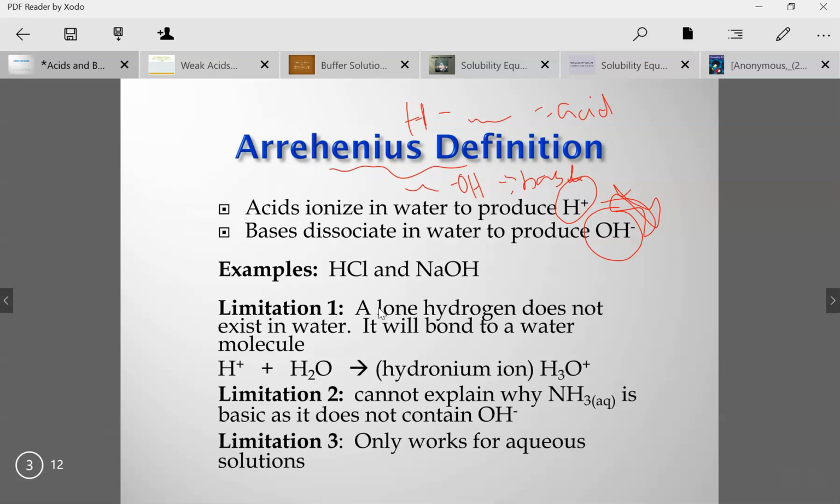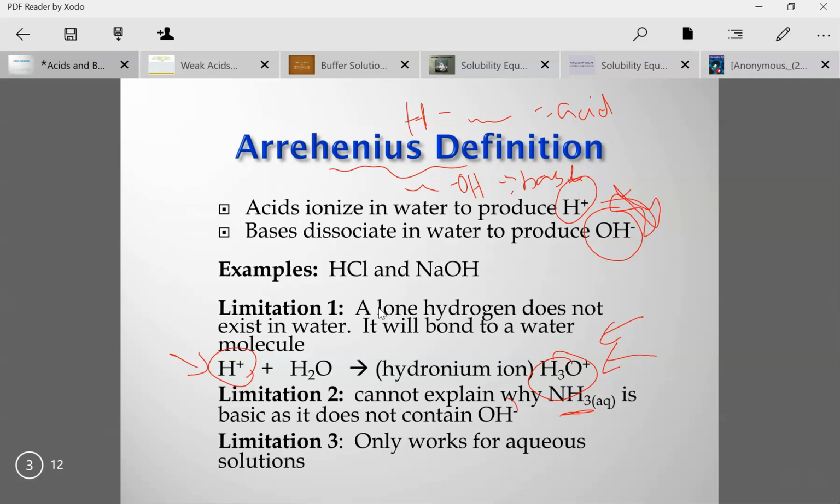And obviously there are limitations here, which are important to know. H plus does not exist alone in water. It automatically forms H3O plus, even though we commonly do write H plus sometimes, but we always mean H3O plus, at least when we're talking about an aqueous solution.